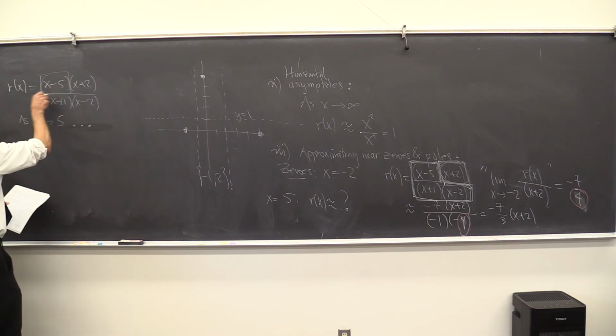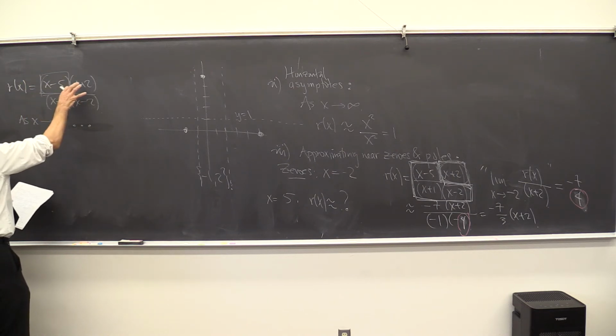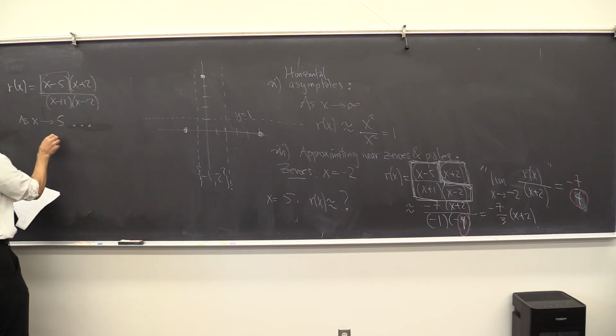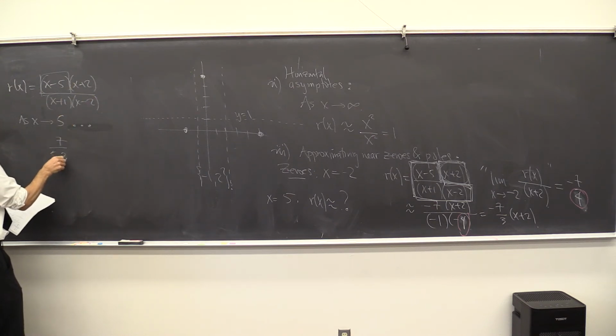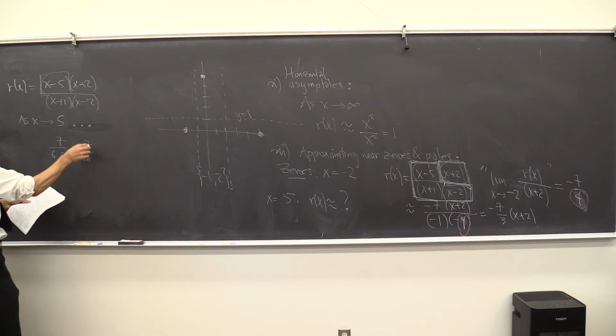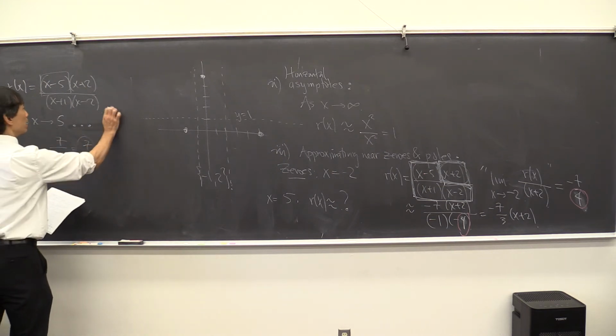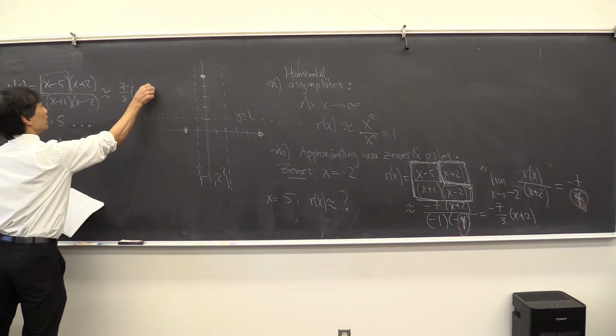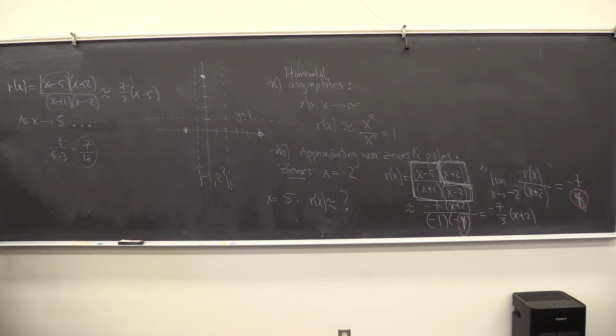So just hold this one, and we're going to take the limit as x goes to 5 of all these guys. Well, this is going to turn into 7 over 5 times 3, 6 times 3. So just 7 over 18. That's going to be our coefficient. This thing turns into 7/18 times x minus 5.